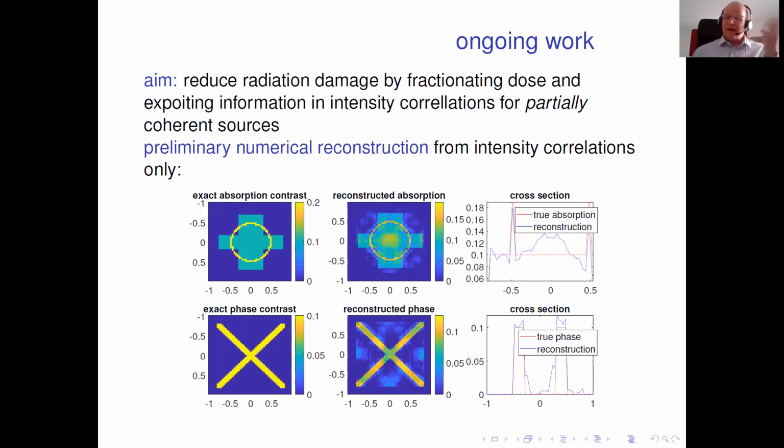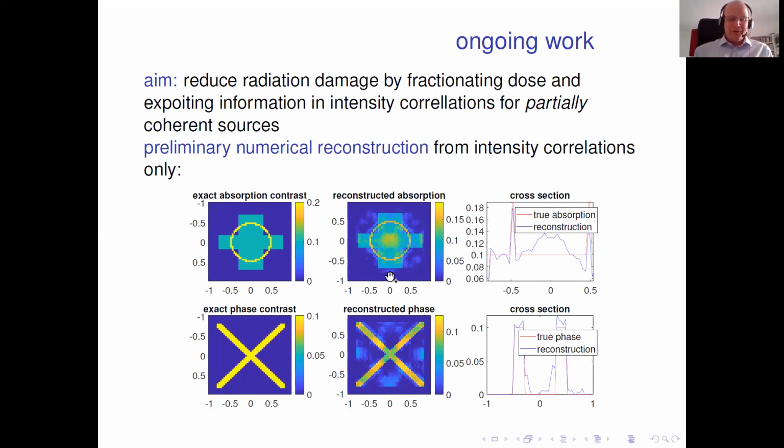The idea here is that we fractionate the dose, and we use not perfectly coherent sources, but only partially coherent sources. We hope that there is additional information in the correlation of the intensities. So we are working with correlation data, and that's very similar to the talk of Maxence Cassier yesterday or Monday. It's a different setup here.